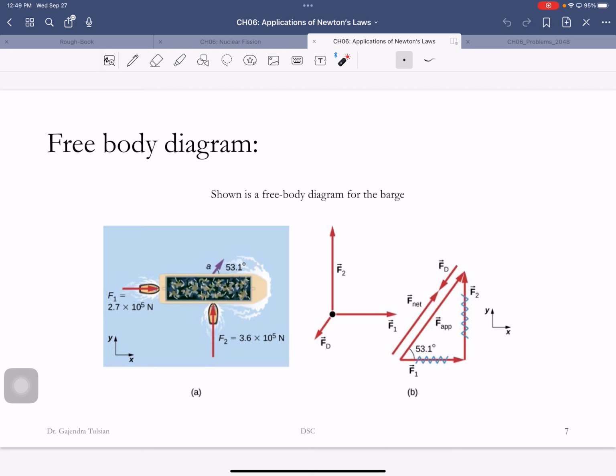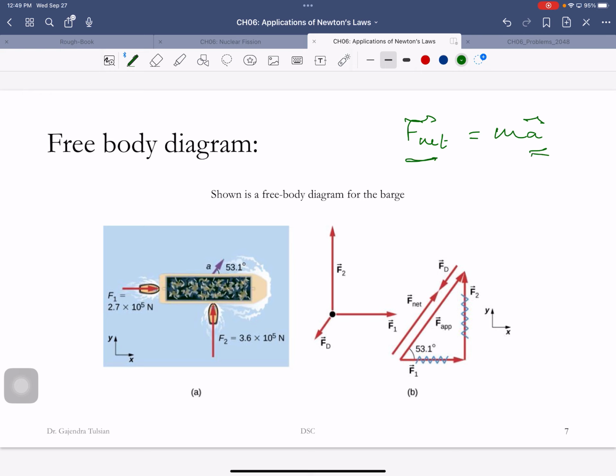And that's what you'll be doing. So in this case, how many dimensions is the motion in? 2 dimensions. So that equation is really 2 equations. The x component of this force should equal the x component of the acceleration, and the y component of this force should equal the y component of the acceleration.